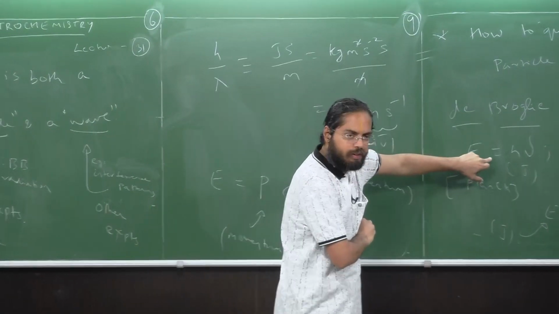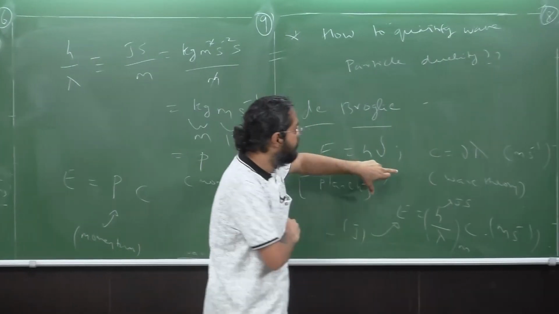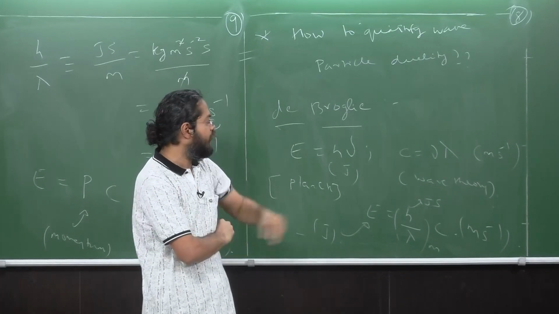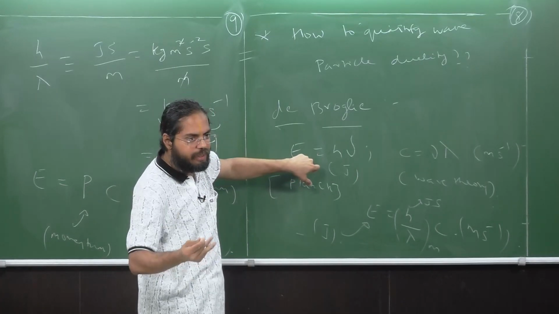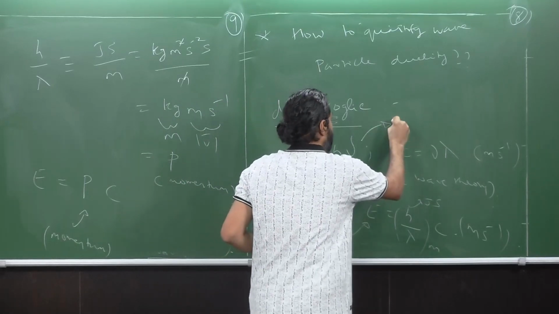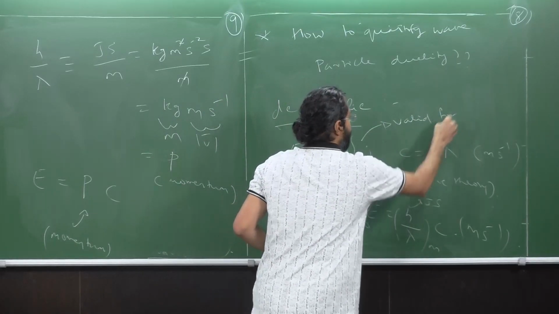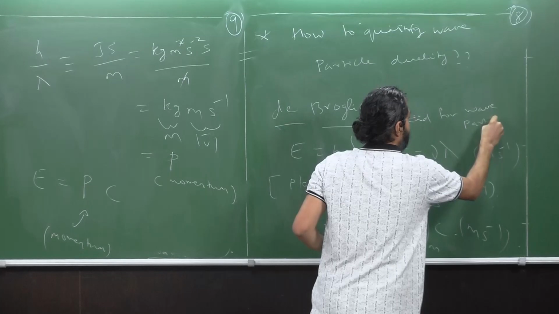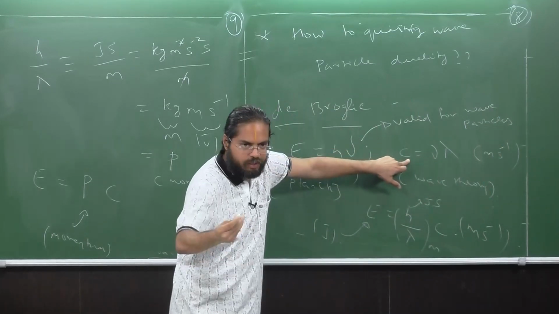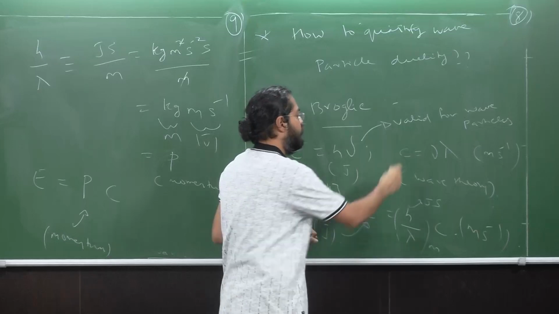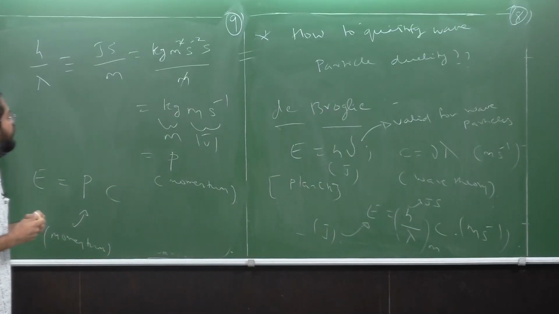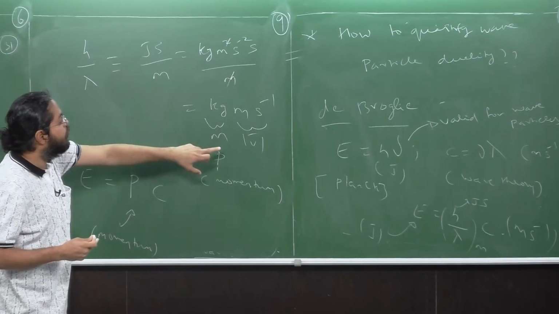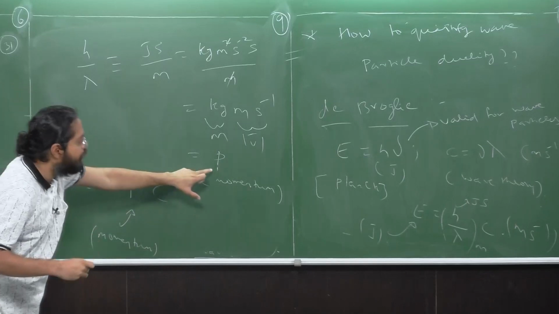We obtained this for light, and this is also true for electrons, atoms, molecules, etc. Whenever you have wave particle duality, this is going to be valid. It is valid for all waves, which means also for wave particles. And so therefore, you can now associate any wave particle with a momentum also.